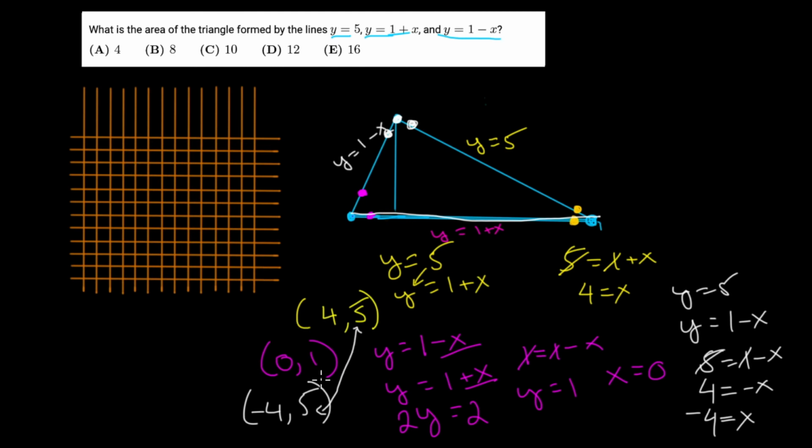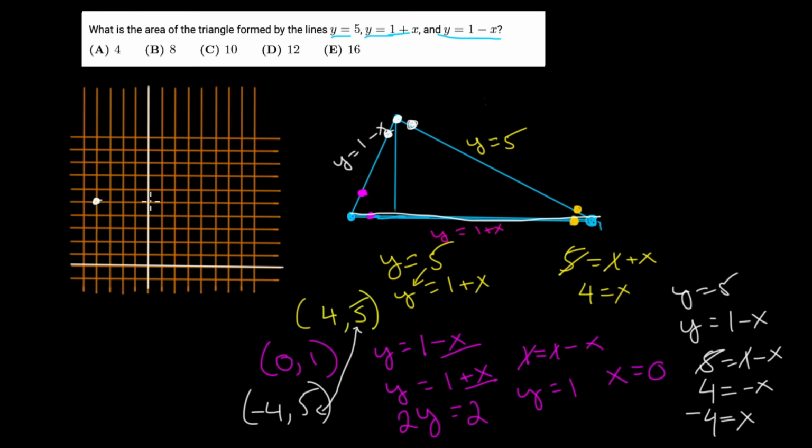Just to visualize this a little bit, I'm going to graph it here, and I realize I haven't drawn my x and y axes. Okay, so we go here, and I'm just going to go negative 4, 1, 2, 3, 4, and 1, 2, 3, 4, 5.